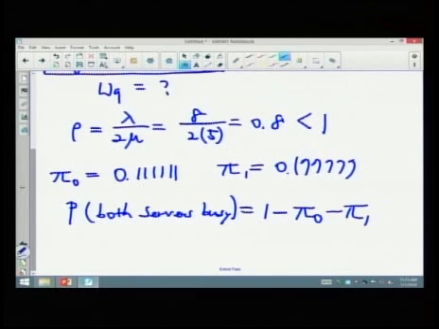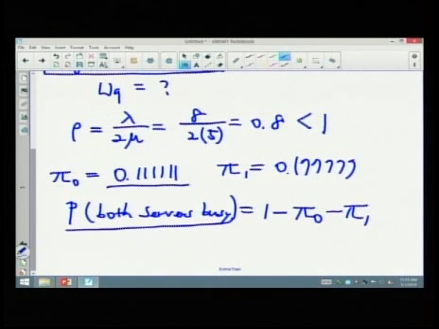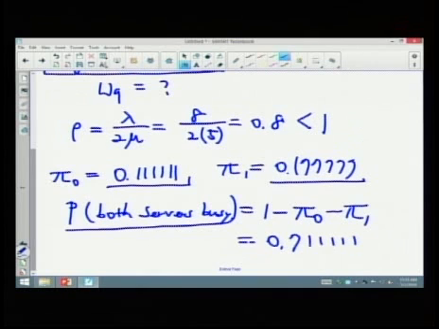Is that right? That is the probability that both servers are busy. So 1 minus 0.111111 minus 0.17777. So that's going to be 0.7111111, something like that. Okay?